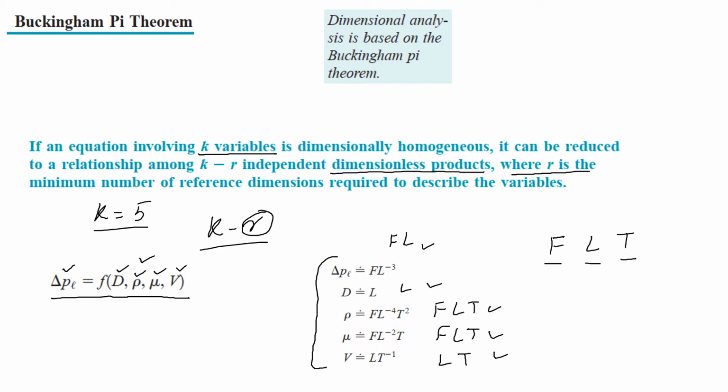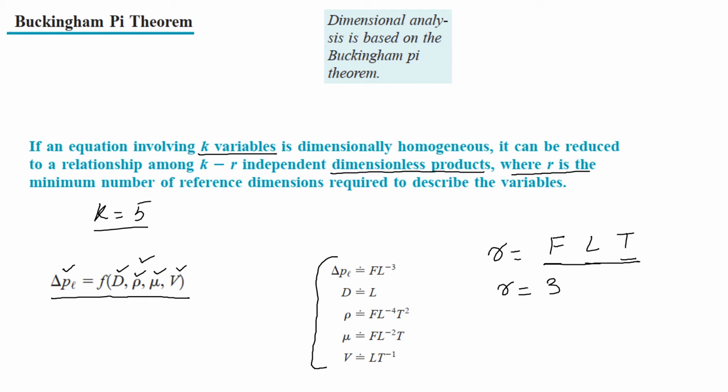So these are the minimum number of reference dimensions that are required, and this is what r is. r is equal to this minimum number of reference dimensions, and r, as you can see, is equal to 3 in this case. So what will be k minus r? k minus r will be equal to 2.